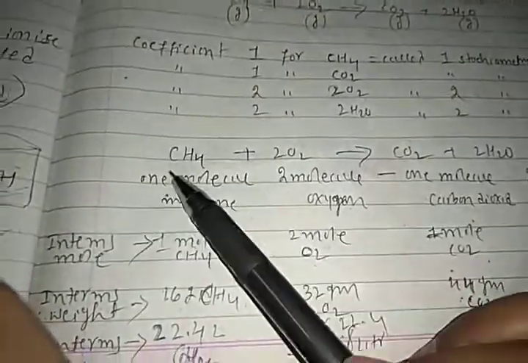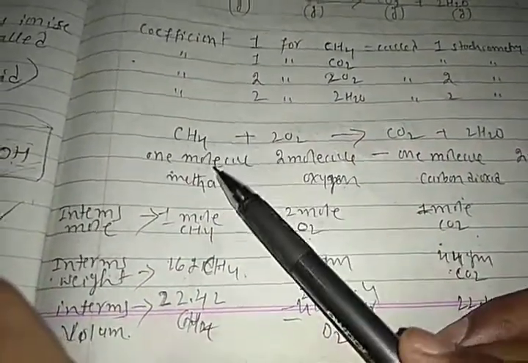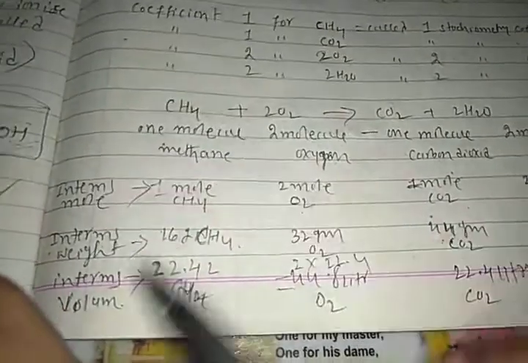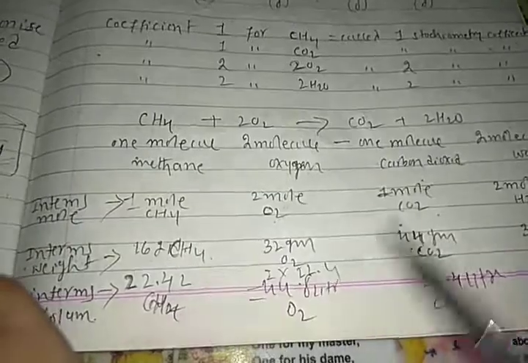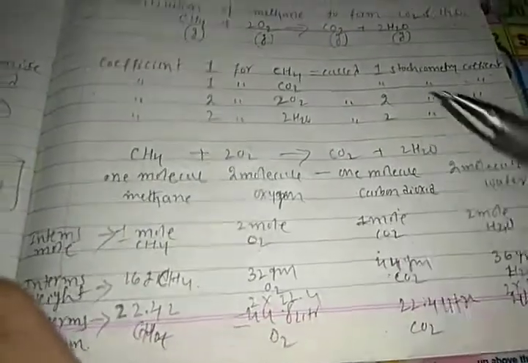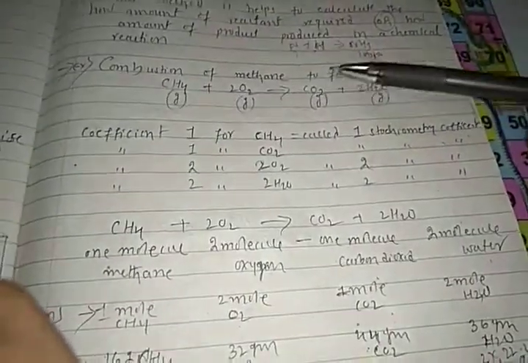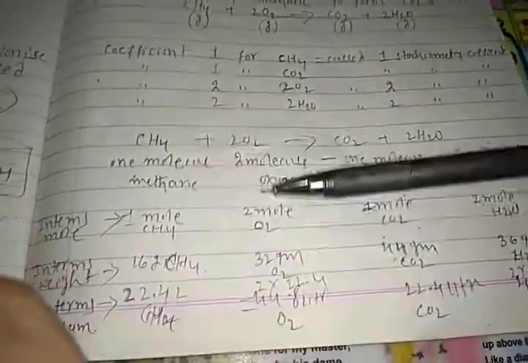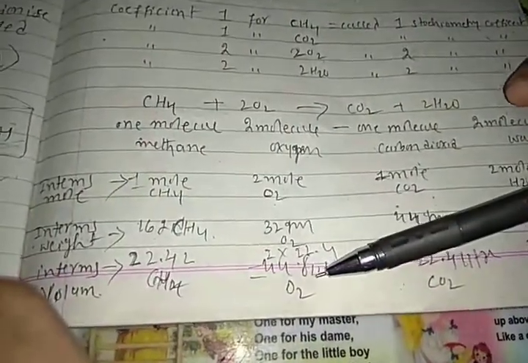Right, students? So whatever the methane molecules are there, we are considering in terms of moles, in terms of weight, in terms of volume. Understood? This is the stoichiometric coefficient. Whatever the balanced chemical reactions are there, they are written in terms of moles, in terms of weight, in terms of volume.